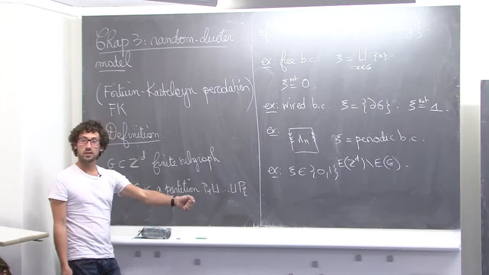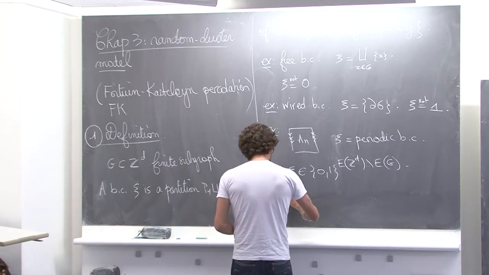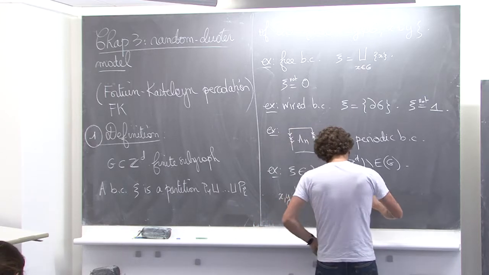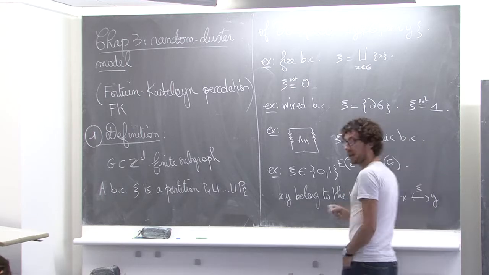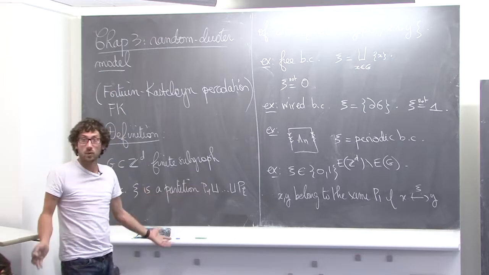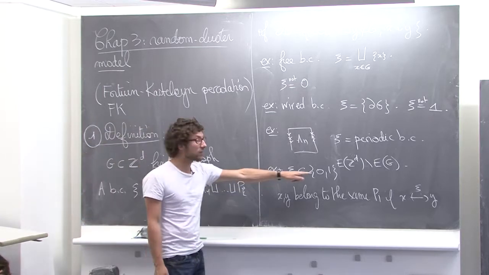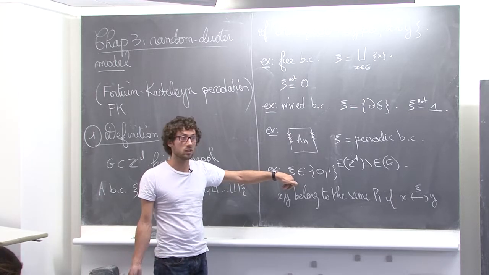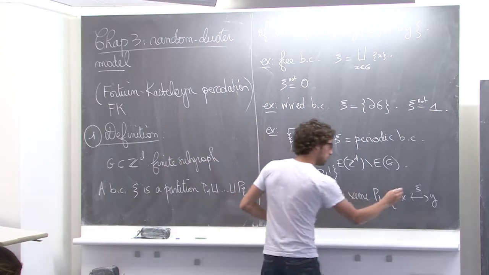This guy induces a boundary condition on my graph by saying simply, I'm going to say that x and y belong to the same part of pi if x is connected to y in psi. Right? If they are connected together, that's exactly why we introduce these boundary conditions, to take this into account. So when I do like that, I adjust the notation, I use psi hat for the boundary condition itself that is induced by this configuration. So maybe I should write it like that.